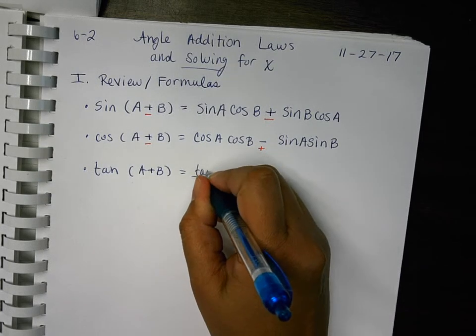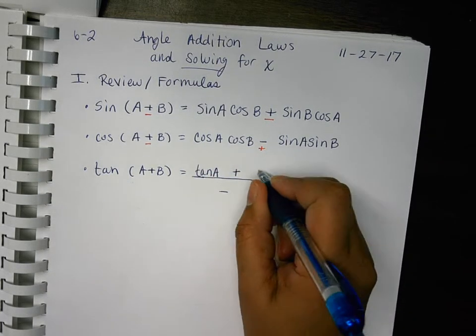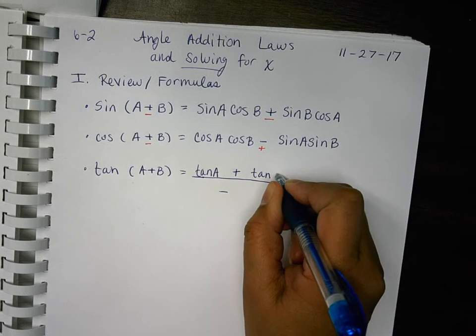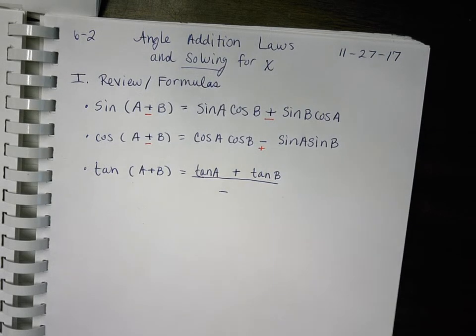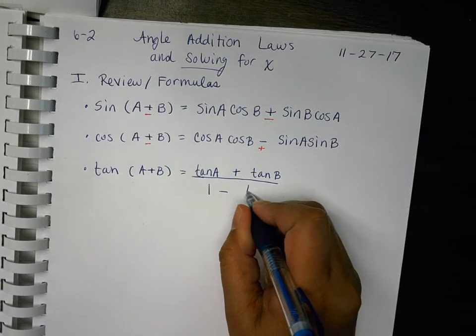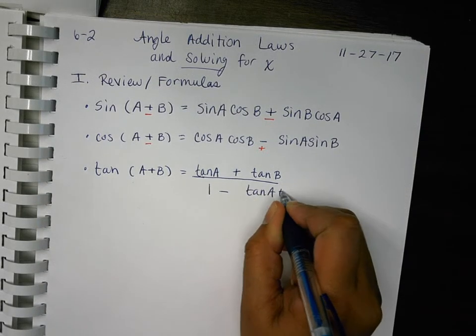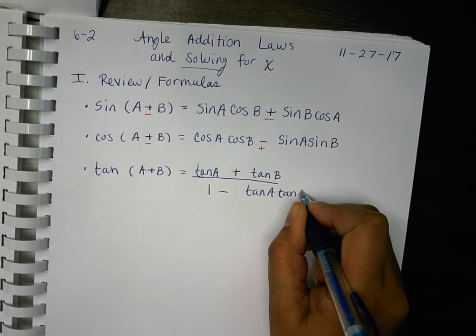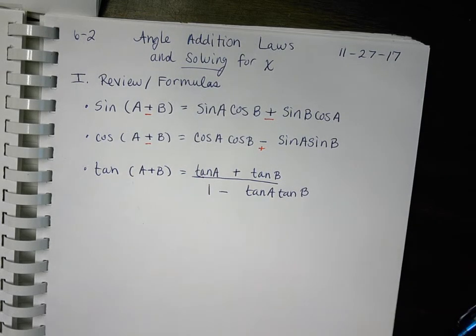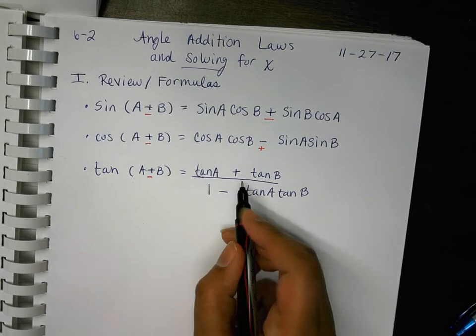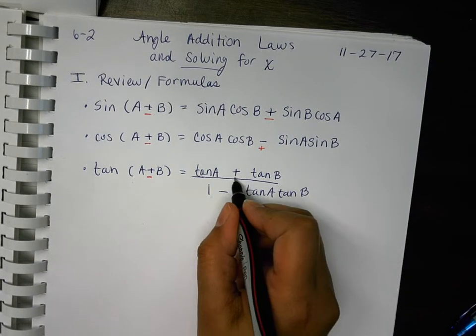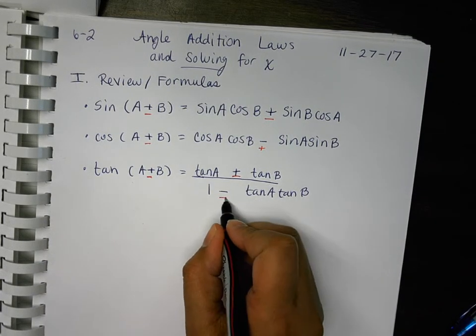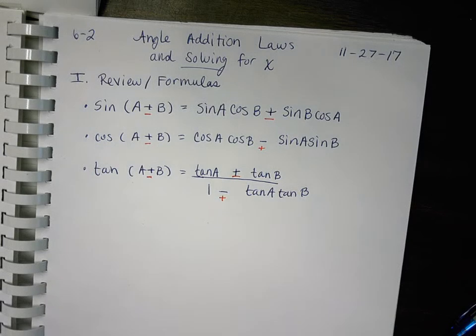Tan of A plus tan of B. Anybody remember what's at the denominator? 1. Good job. 1 minus tan A. You guys remember more than you think. 1 minus tan A times tan B. And again, if this had been a minus sign, what would be in the numerator? Minus, and in the denominator, addition.